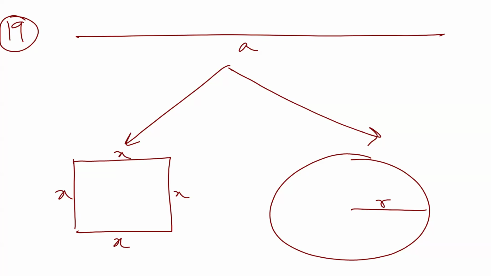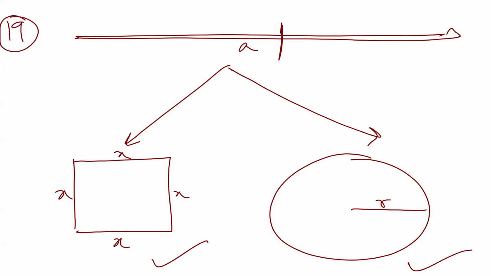Don't you feel the length of the wire is equal to the perimeter of the square plus the circumference of the circle? The wire is getting converted into the square and the circle. Yes or no? This wire is getting converted into this square and this circle.